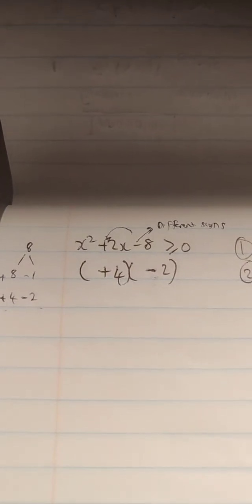Positive 4 and negative 2. Yeah, it is baby steps that people are failing to grasp, which makes maths difficult.